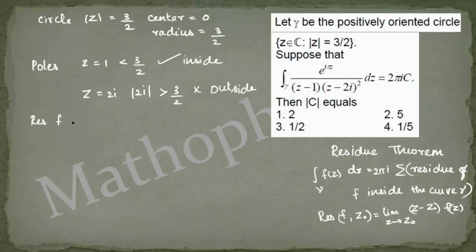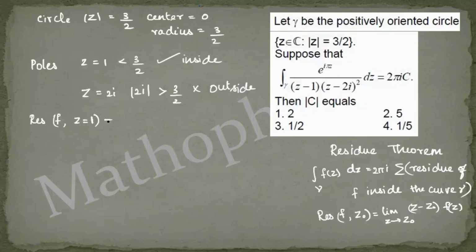So the residue of f at z is equal to 1 is the limit z tends to 1 of (z minus 1) into e power I pi z by (z minus 1)(z minus 2i) square.